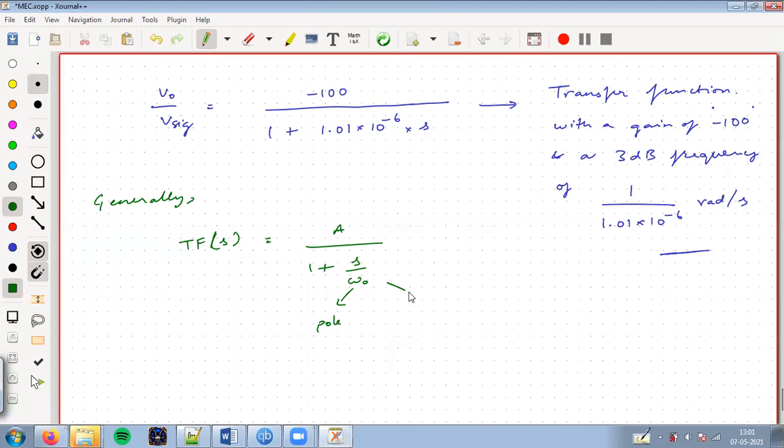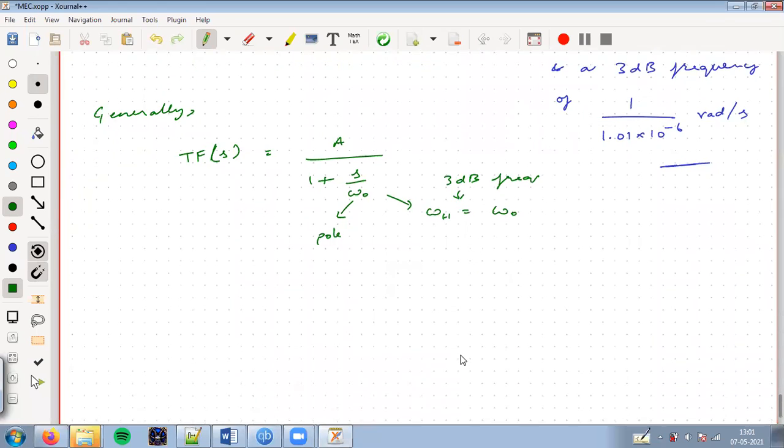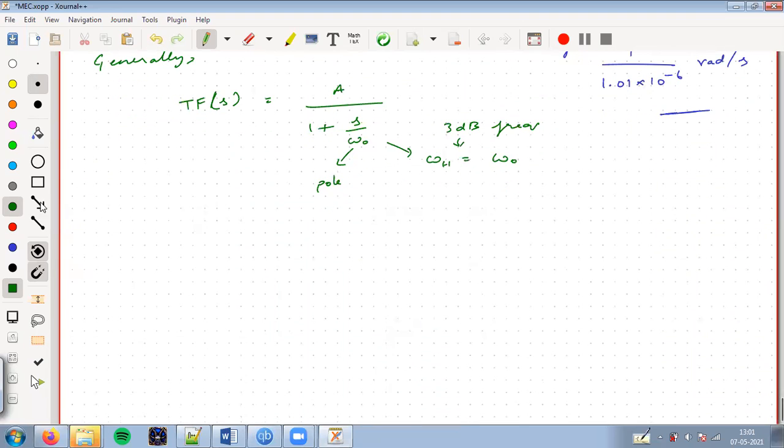So here the 3 dB cutoff frequency will be actually omega naught. Therefore f 3 dB or fh is 1 by 2 pi.